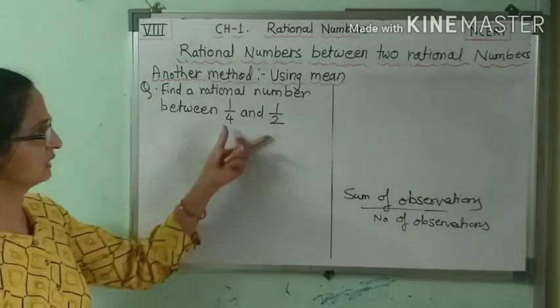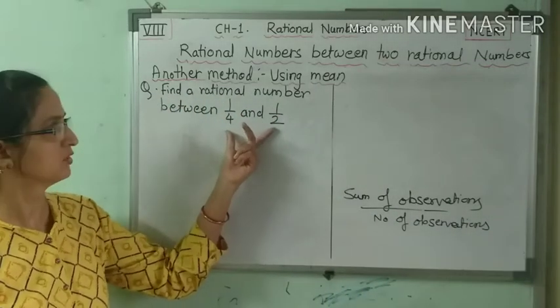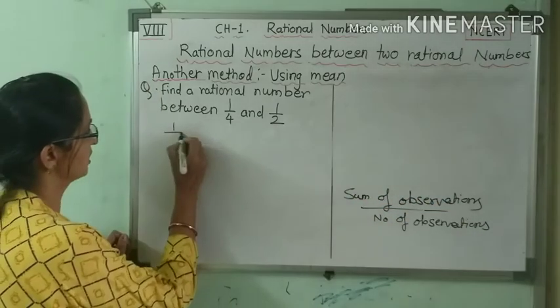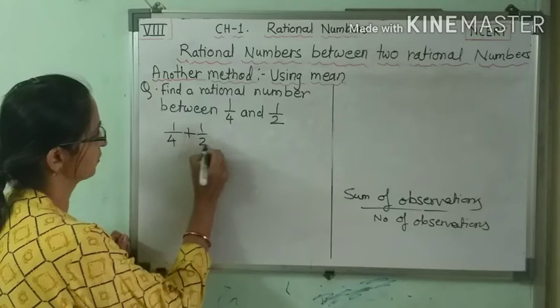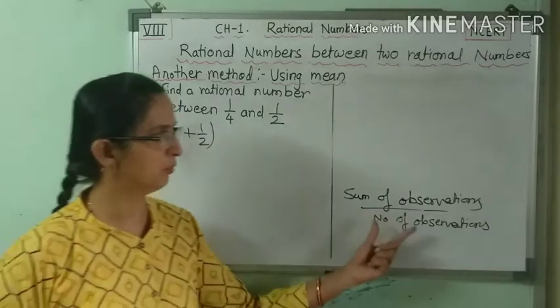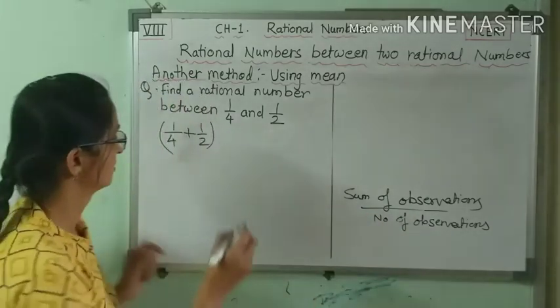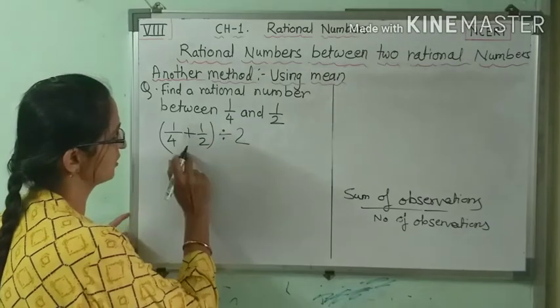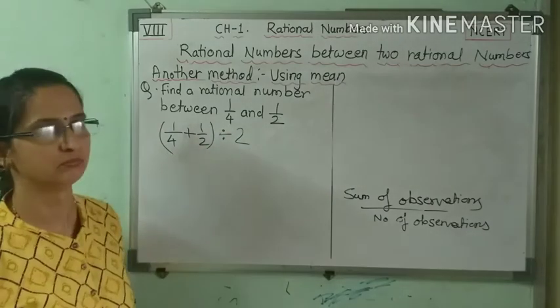Here observations means these numbers. So the sum of observations, the sum of these two numbers, 1 upon 4 plus 1 upon 2, upon the number of observations. How many numbers are there? 2 numbers. So divide this sum by 2.